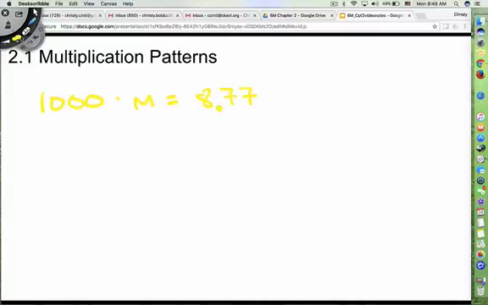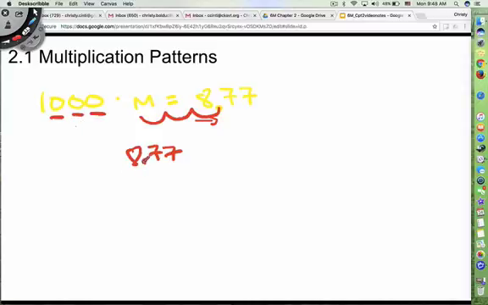So for each of these zeros, the decimal was moved to the right. That means that whatever this number is had 877 in it. It starts here, but that means we're going to move the decimal over 1, 2, 3 places.